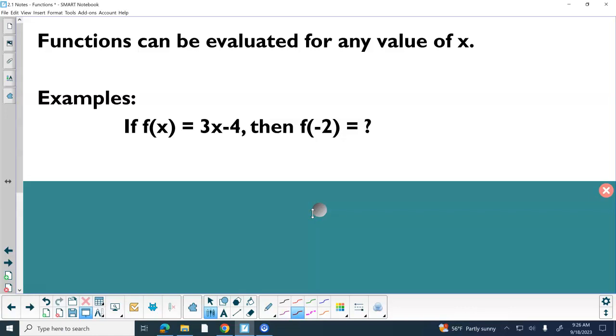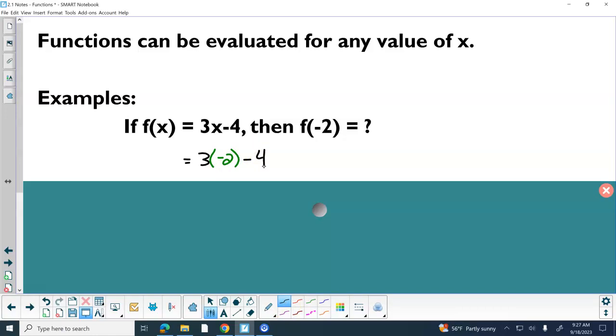That's what that's saying. So f of x here is defined as 3x minus 4. We want to know what f of negative 2 is. So we replace any x in our function with negative 2. And then we just do that math.